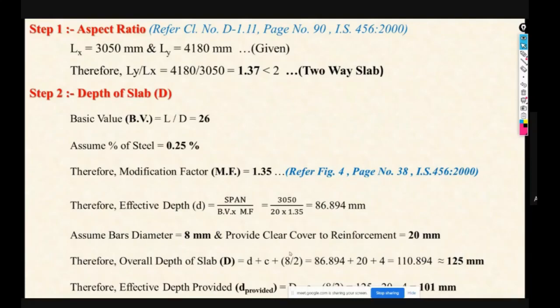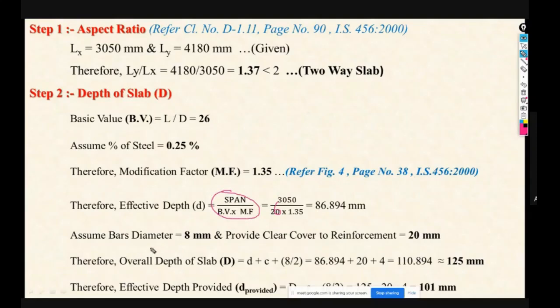So that's why here span we will consider 3050, that is our shorter span Lx. Basic value is 26, and the modification factor is 1.35. So required depth as per the span, basic value and modification factor is 86.89.